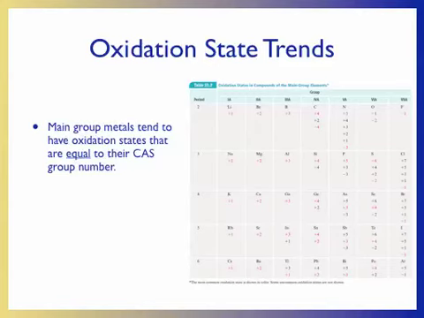Recall that the group number tells us the number of valence electrons each element within a group has. For example, group 1A, the alkali metals, all have one valence electron in their outermost shell. These elements tend to lose their one valence electron to become +1 cations.